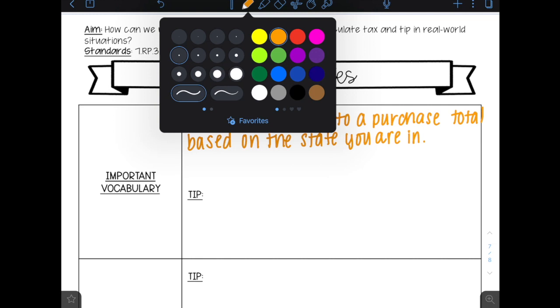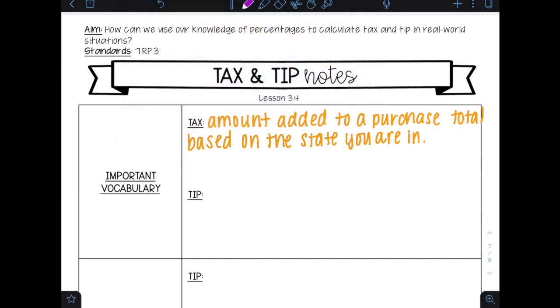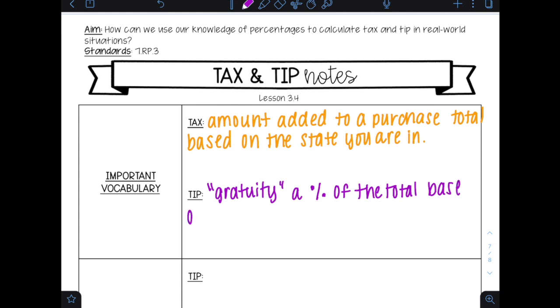Gratuity, or known as tip, you can hear those both ways. Gratuity, it's a percentage of the total based on the services provided.